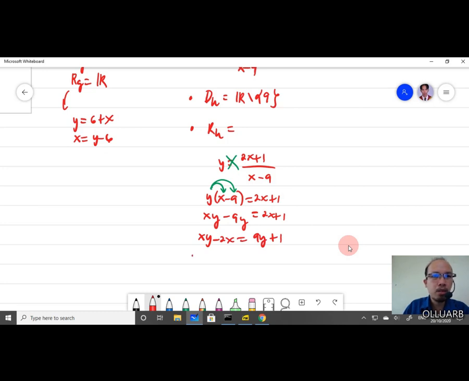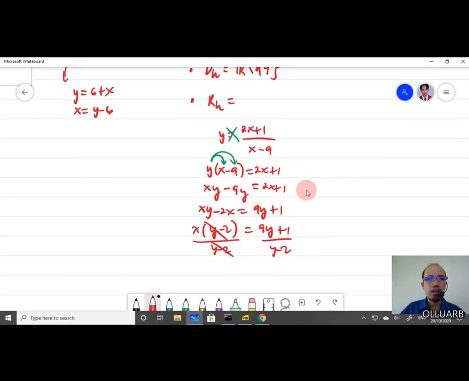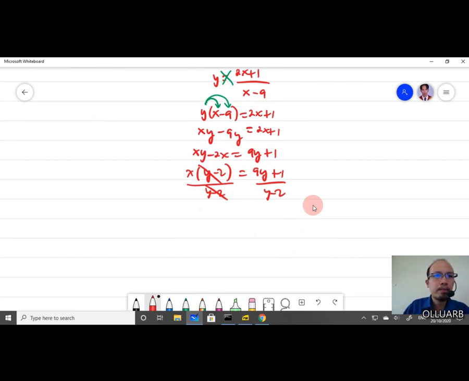So factor out x, y minus 2, we have 9y plus 1. Then divide both sides by y minus 2. So what we have here is x is equal to 9y plus 1 over y minus 2.